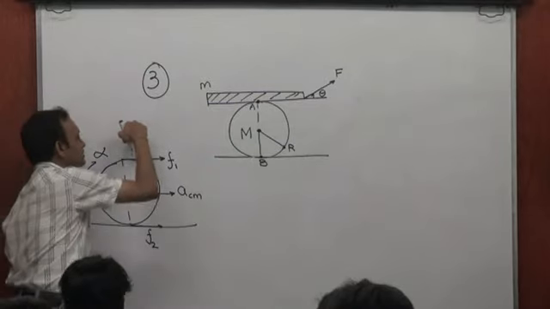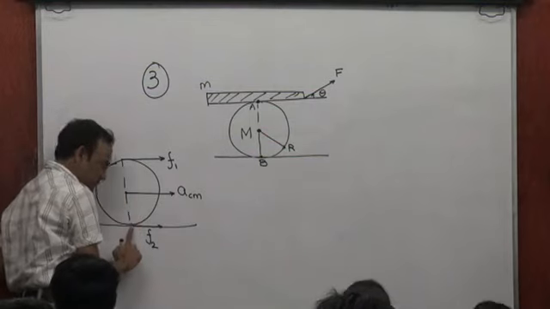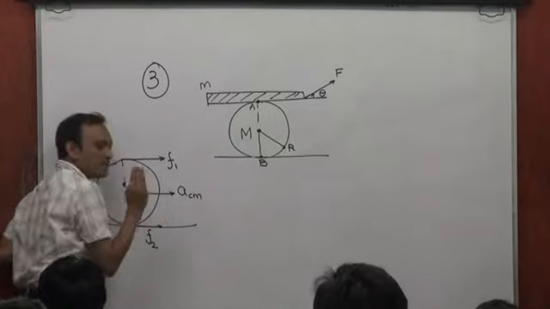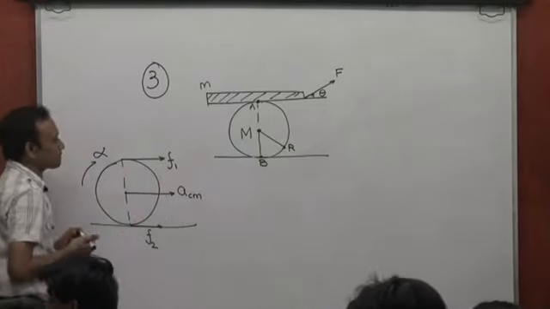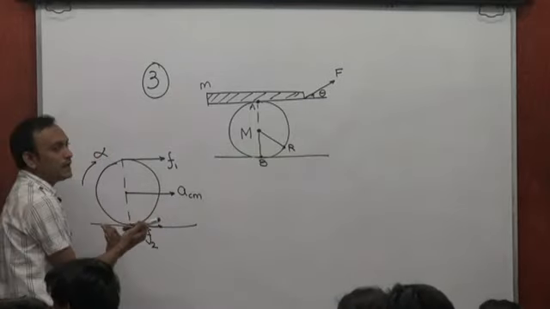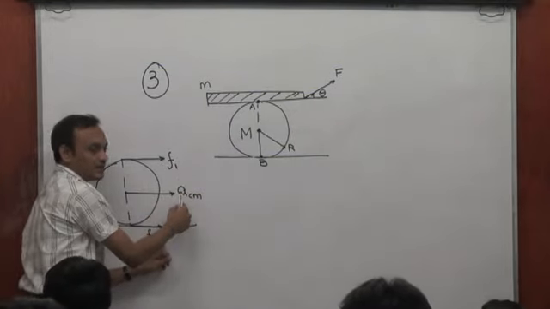Of course there is normal reaction from the plank, there is weight of the cylinder downwards and normal reaction from the ground. But I am not representing those forces because they will have no role to play in the overall scheme of things here. So equation of motion for the cylinder, for translation, what would it be? F1 plus F2 is MACM.